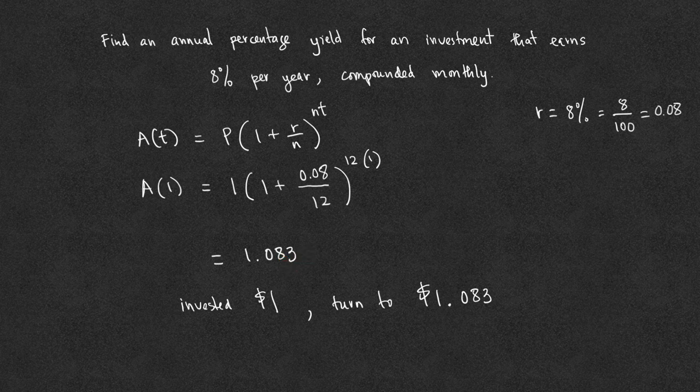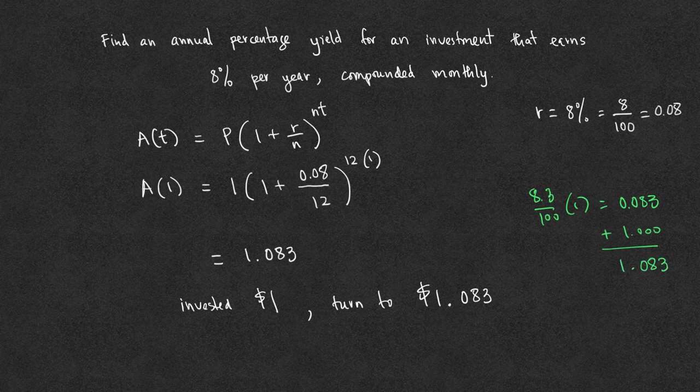In terms of the actual yield, we actually earned 8.3%, which is 0.083 in interest, and then we add the initial $1, and that's how the ending balance is 1.083.